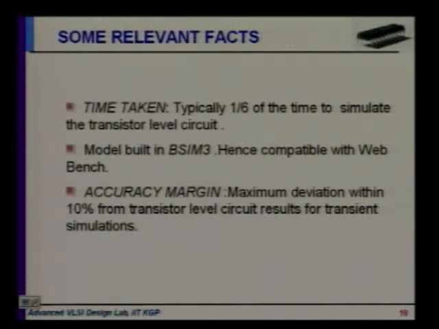That is a major improvement. And one such model has been developed in BSIM3 also, so you can simulate it everywhere. And on accuracy, it has been found that there is a maximum of 10% deviation from the actual transistor level simulation. That is also pretty good. Okay, that's all.